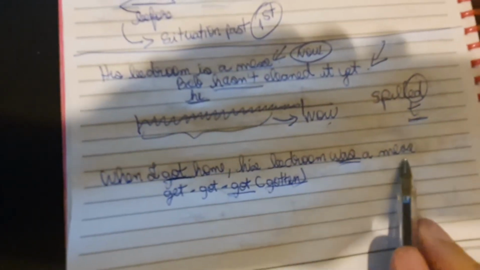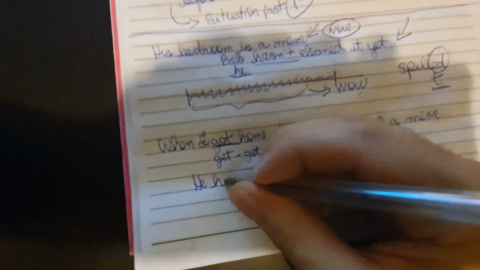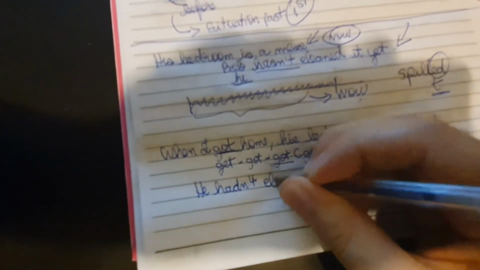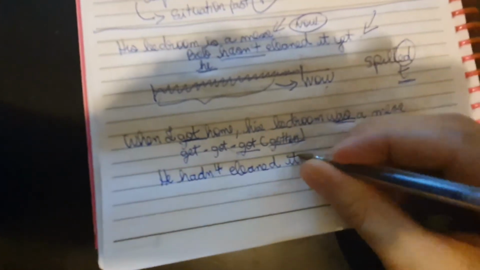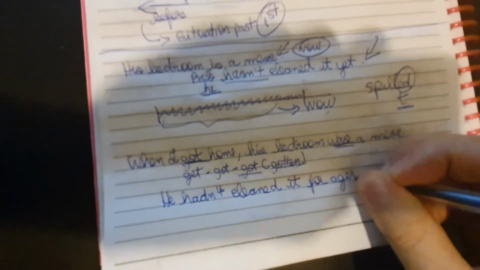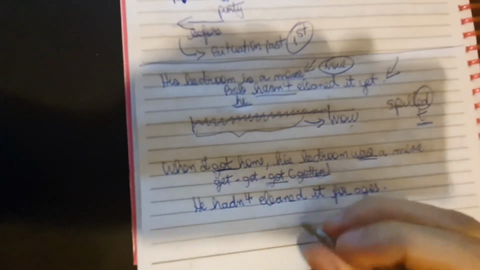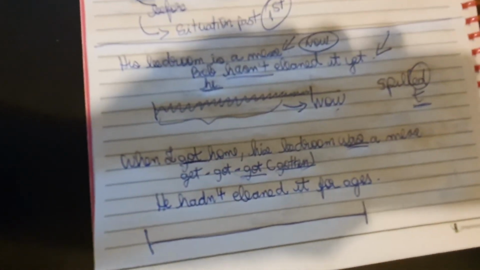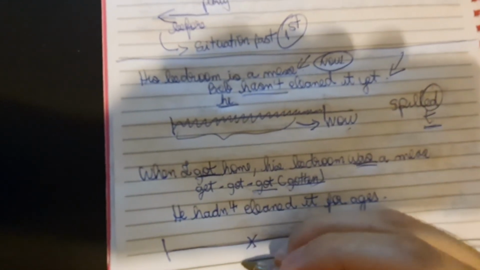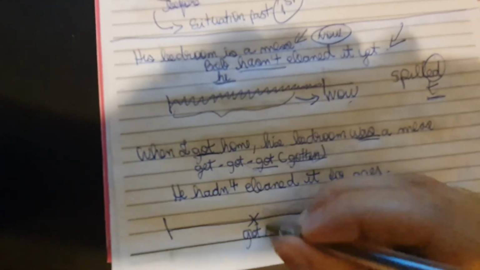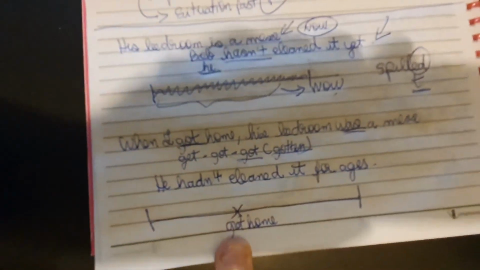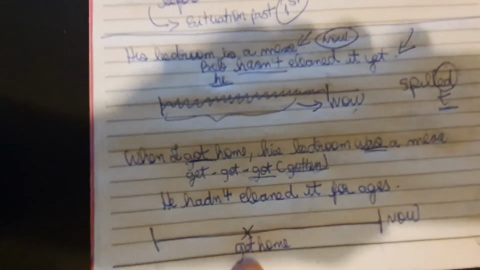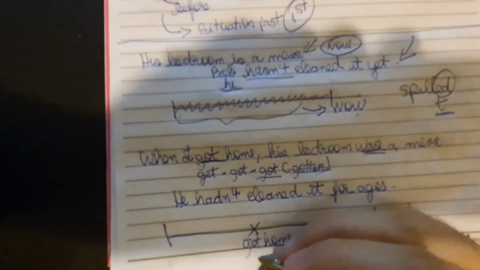His bedroom was a mess. He hadn't cleaned it for ages. So why do I use the past perfect here? It's an action that happened in the past. I got home. Does this action have a connection with now? No. No connection whatsoever. So I got home and the bedroom was a mess.